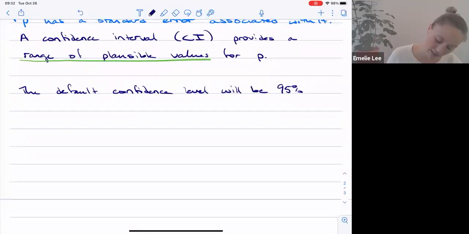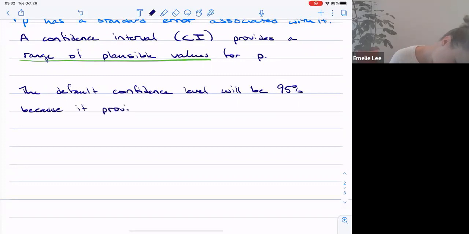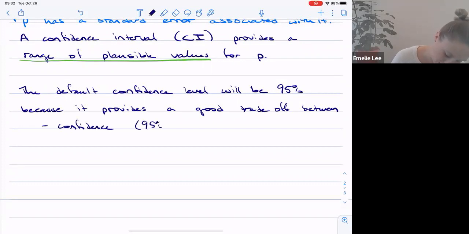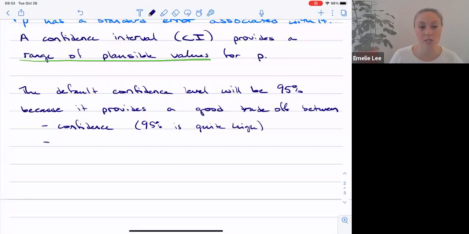And so the default confidence level will be 95% because it provides a good trade-off between confidence, right? 95% is quite high, and precision.